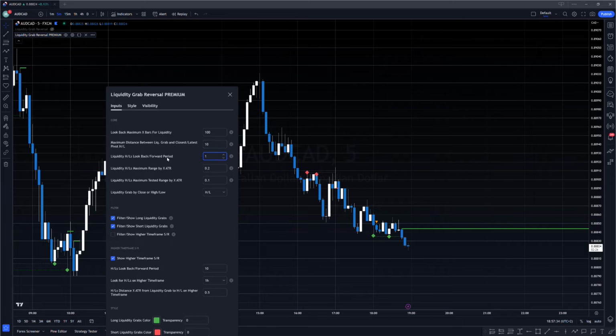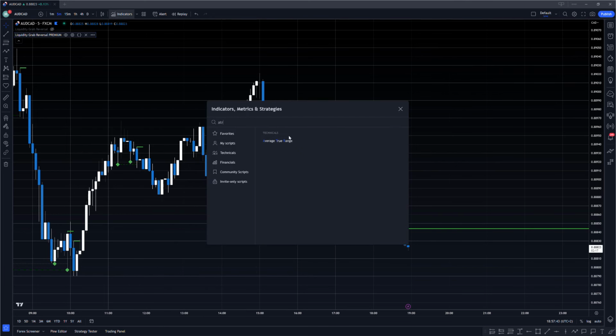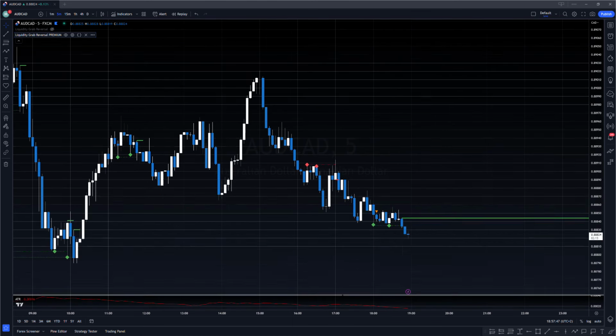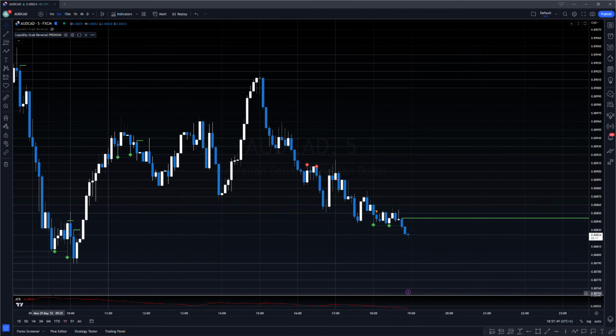Okay, this is explained. Liquidity high lows maximum range by X ATR. If you don't know what is ATR, it is average true range. It is simple. It just shows you the average candle height.